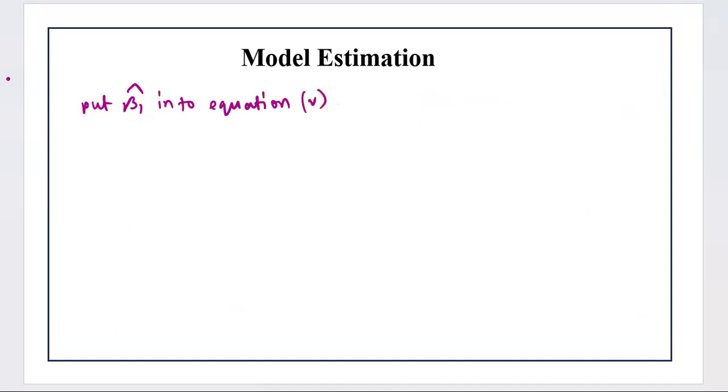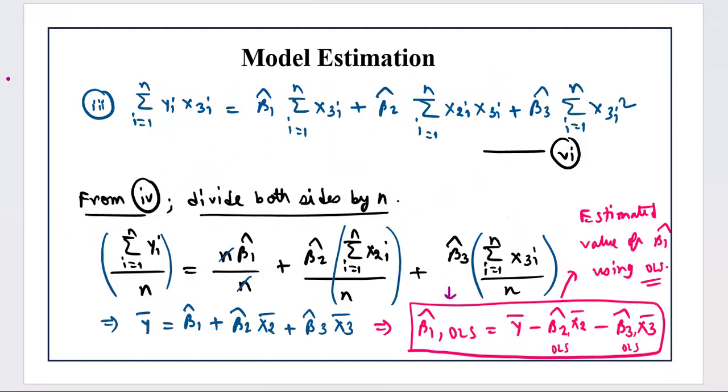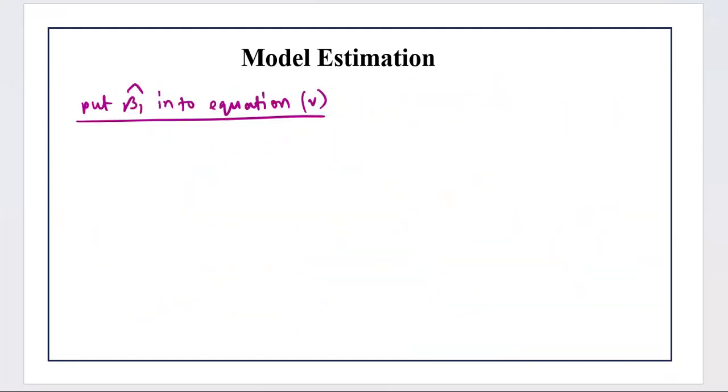Let me show you what was equation 5. Equation 5 was this. Now, where is the beta 1 cap here? See, here you have the beta 1 cap. So instead of this beta 1 cap, put this estimated value of beta 1 cap, what we found out in the earlier step.